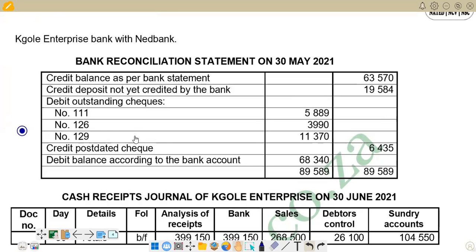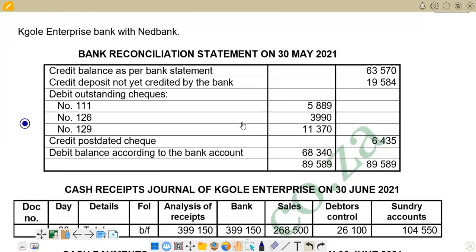So when it's now lost, we have to remove it in the books. This is a check that was issued, so it was under the cash payments journal. To remove it, we go to the opposite side, that is, the cash receipts journal. The amount is 5,889.